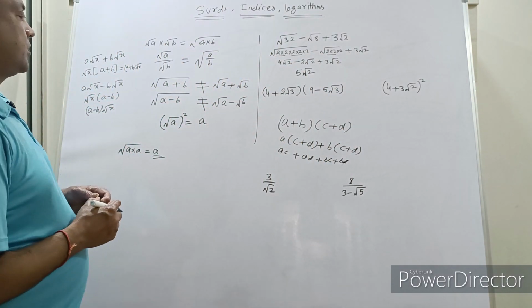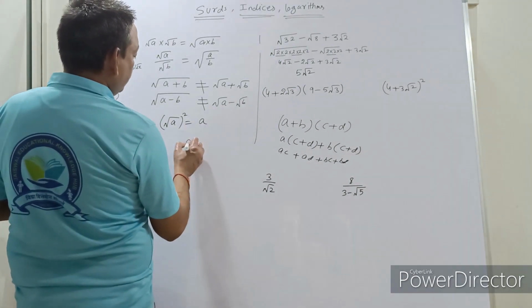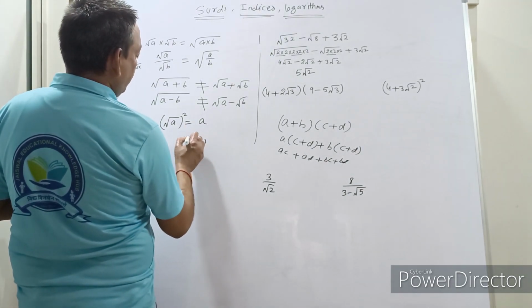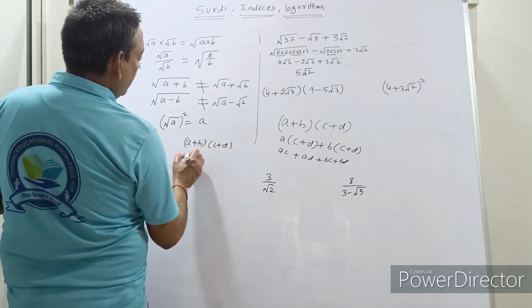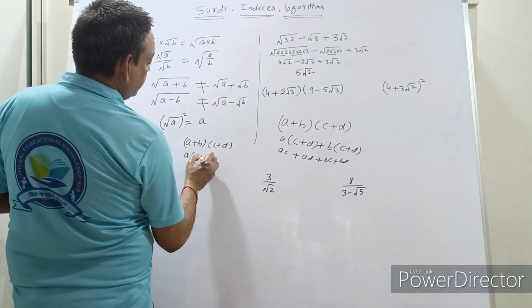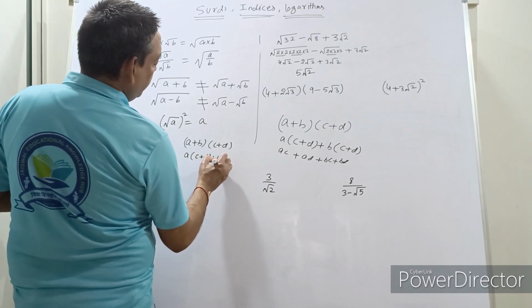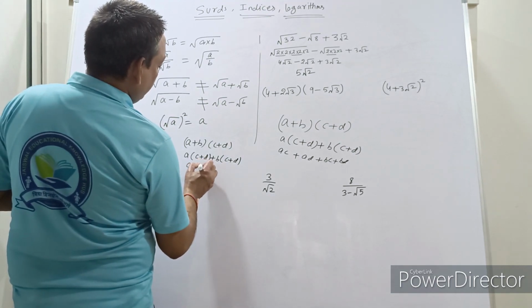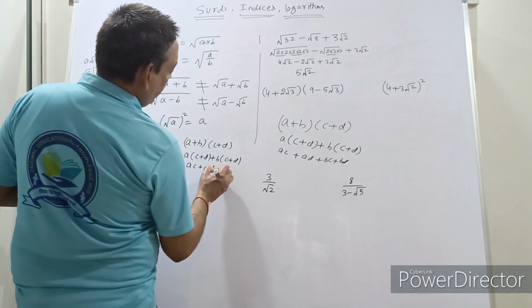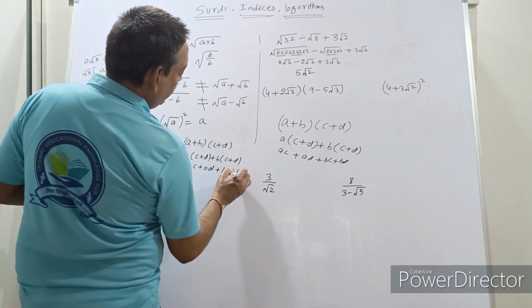Clear? Okay, so let's write down that formula again here. So a plus b into c plus d is equal to a open the bracket c plus d plus b open the bracket c plus d, which is nothing but ac plus ad plus bc plus bd.